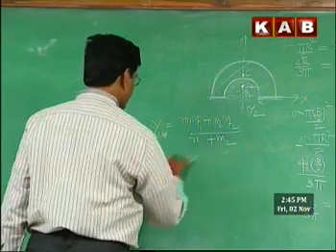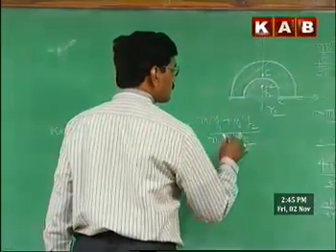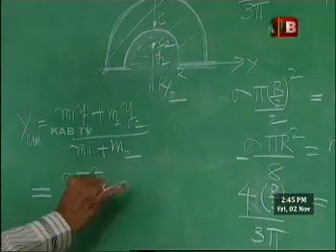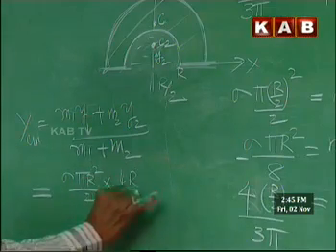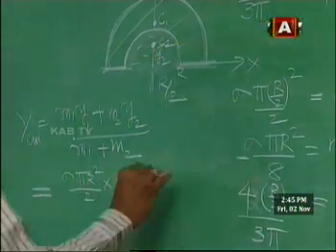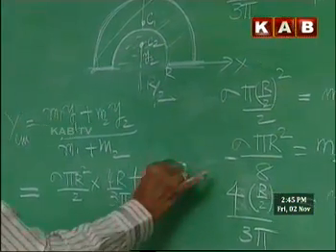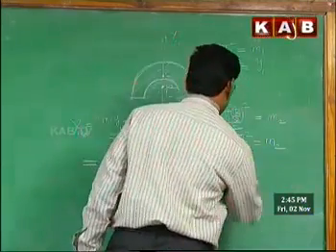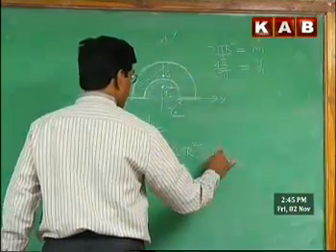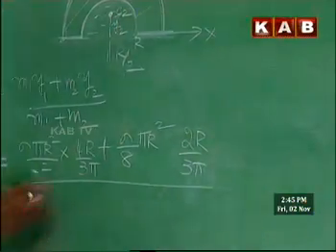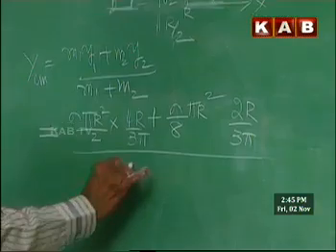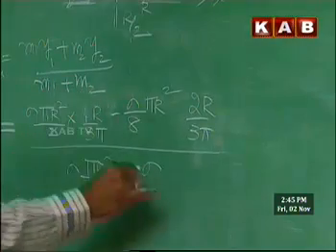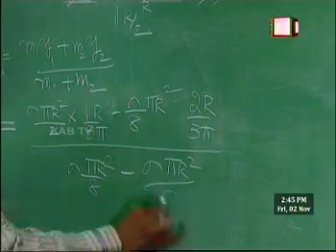This procedure also we can use. So m1 is sigma pi r square by 2, y1 is 4r by 3 pi, plus m2 is minus sigma by 8 into pi r square, and y2 is 2r by 3 pi, divided by the total mass, sigma into pi r square by 2 minus sigma into pi r square by 8.